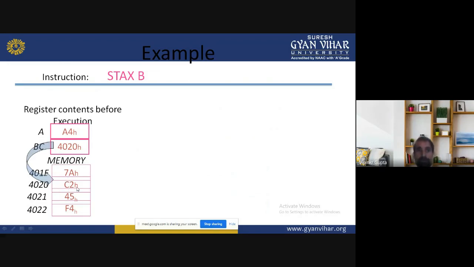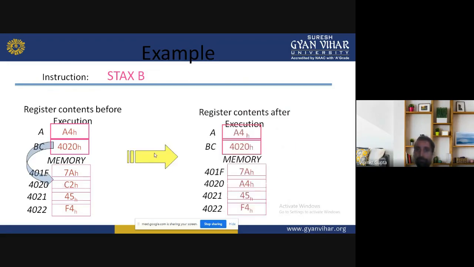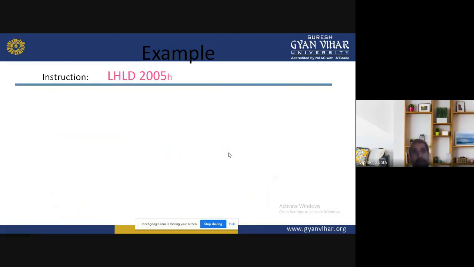So that C2H will be overlaid by the A4H, so A4H will be stored into that memory location. If we write D here and D data is this, then the same procedure will be followed. So length is again a 1 byte instruction.